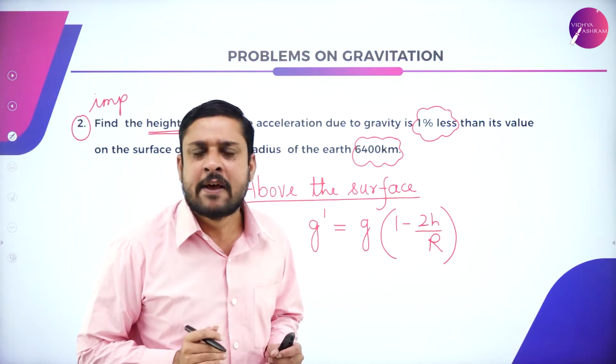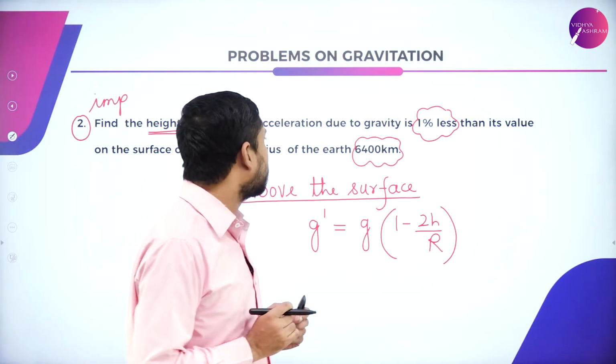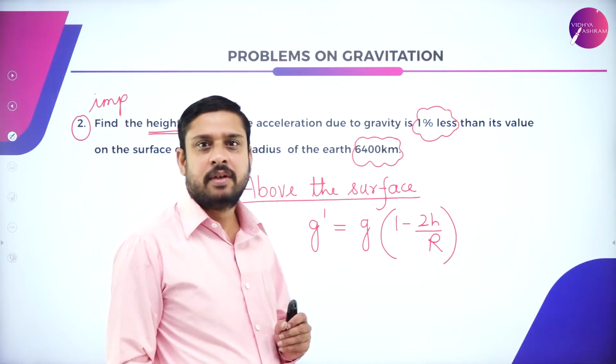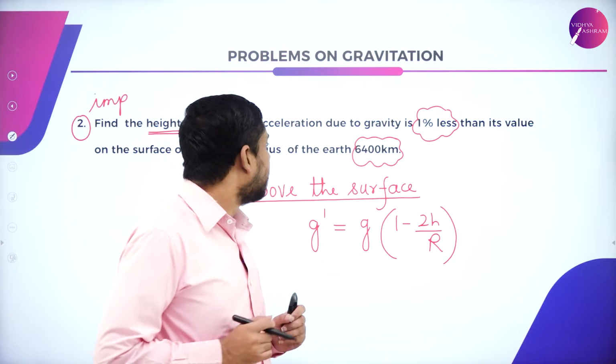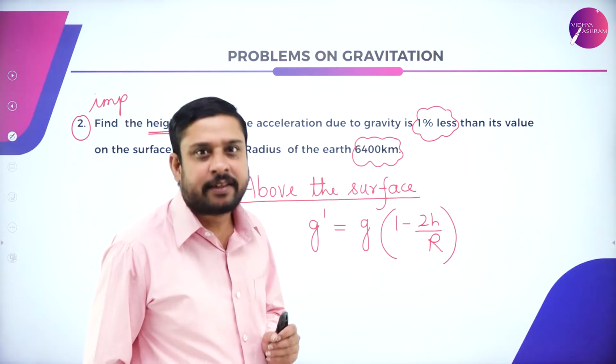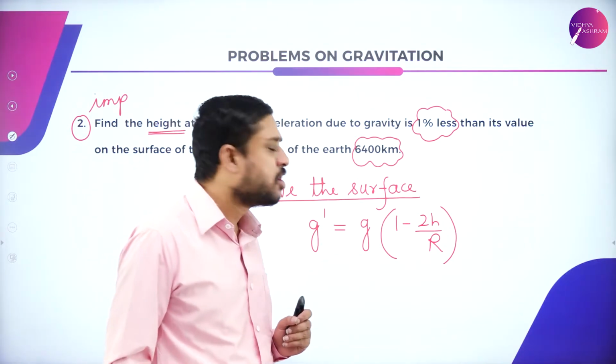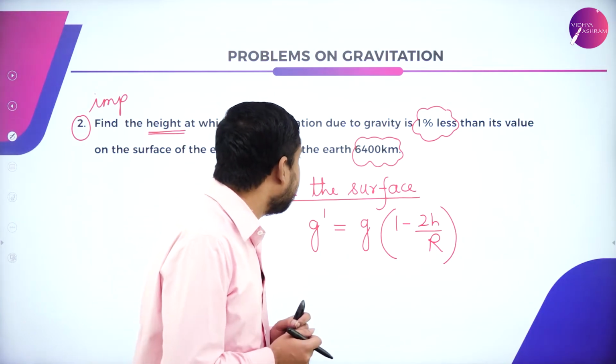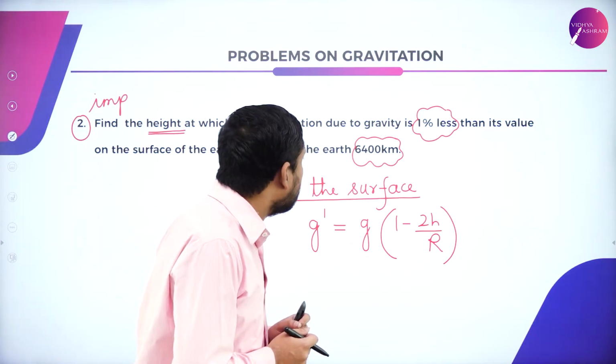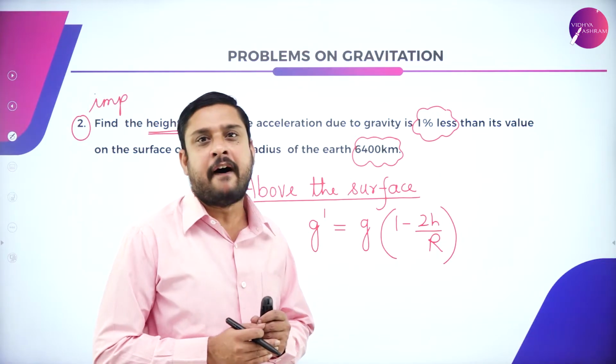All these things we have studied in our concept class. Above the surface of the earth, G dash is G times 1 minus 2h by r.